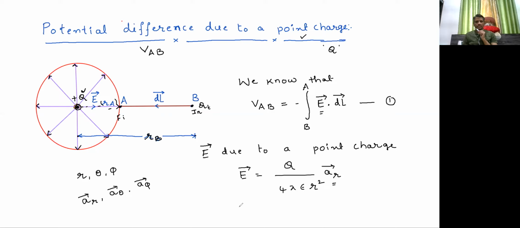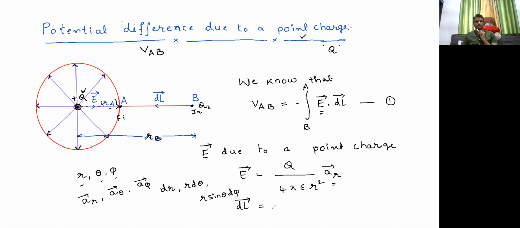Now the dl vector in the spherical coordinate system, we should remember, is written by using the incremental lengths in the direction of r, theta, and phi. So the incremental length in r direction is dr, in theta direction is r d theta, and in phi direction is r sine theta d phi.